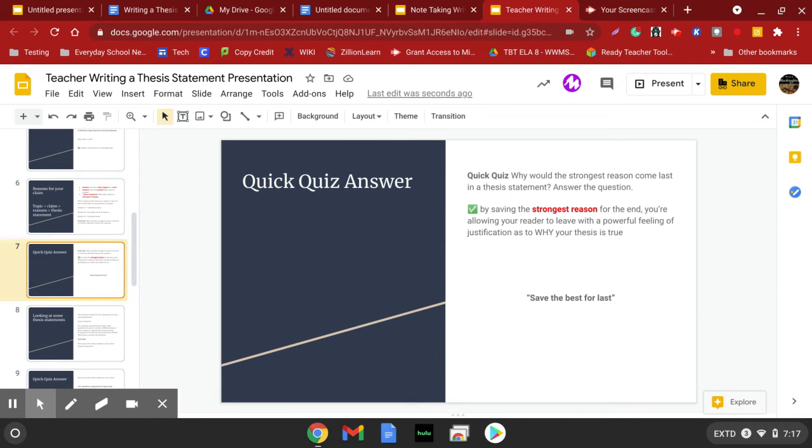Because by saving the strongest reason for the end, you're allowing your reader to leave with a powerful feeling of justification as to why your thesis is true. This gives them a reason why. That's why the slogan is save the best for last, because it leaves the reader with a bang.